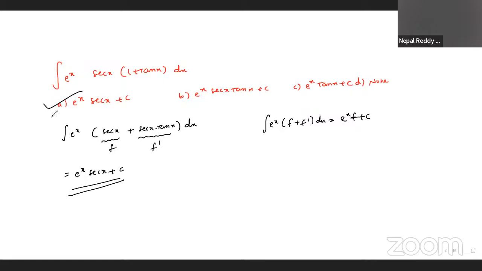Next, we go for another question. Here the question is integration of e power 5 log x minus e power 3 log x, whole divided by e power 4 log x minus e power 2 log x dx.